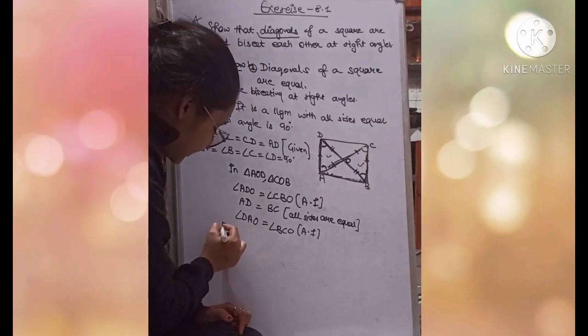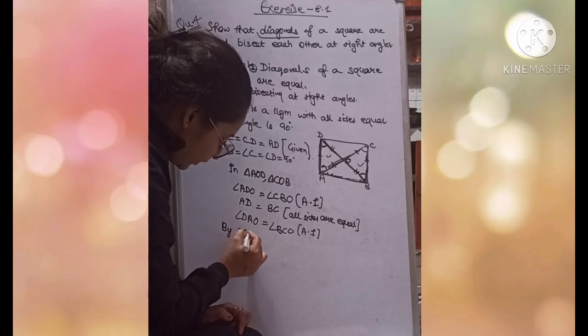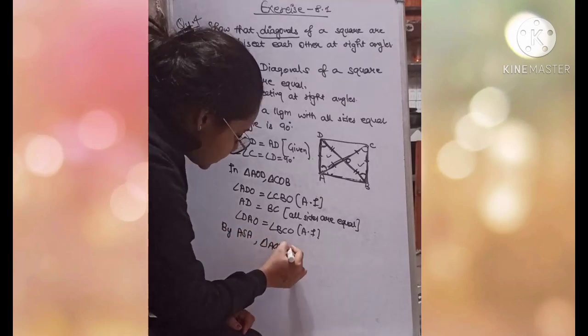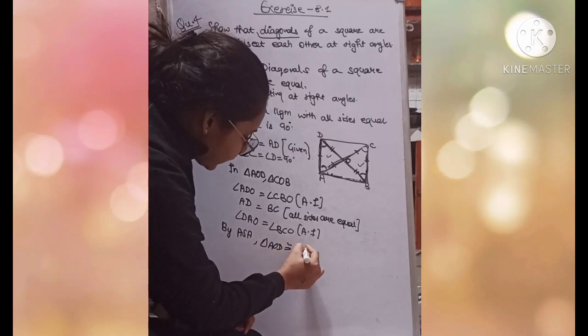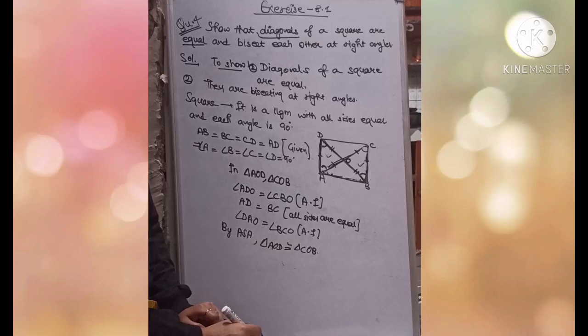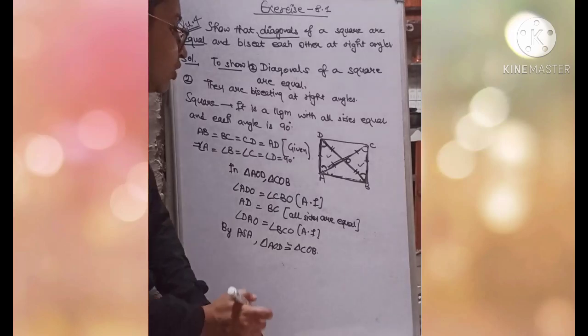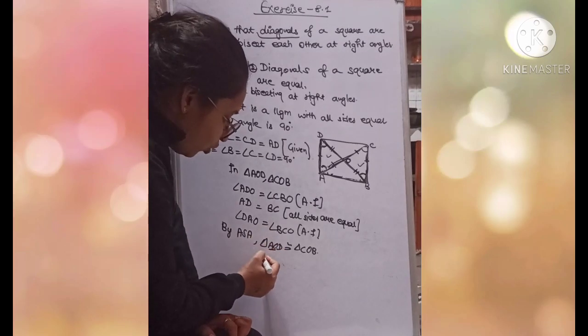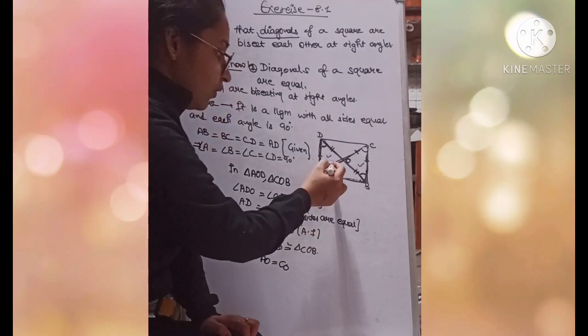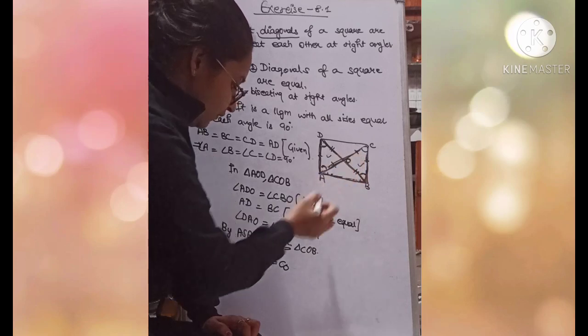Now, angle side angle. So, by ASA rule, triangle AOD is congruent to triangle COB. And if these two triangles are congruent, it means their corresponding parts are equal. That means AO will be equal to CO. Okay, very good.